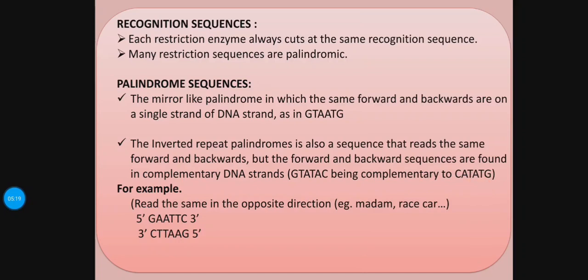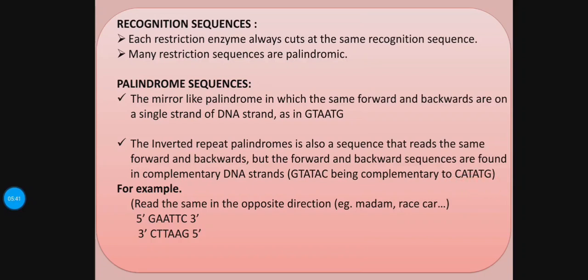As everyone knows, the DNA molecule has four kinds of nucleotide bases, A, T, G, C. G always pairs with C, and T always pairs with A. So this sequence GTA TAC is complementary to CAT ATG.